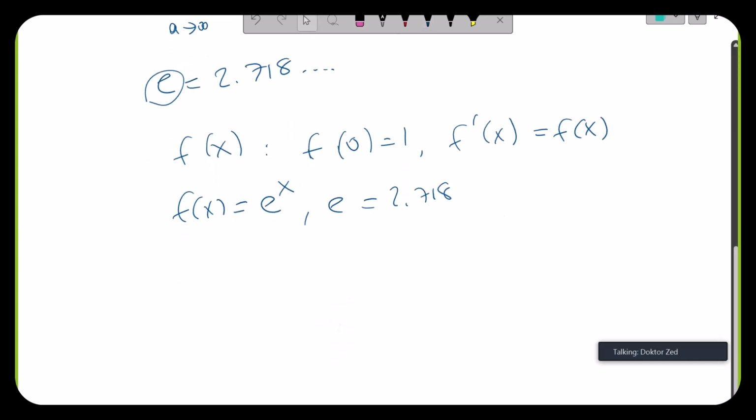The way you kind of do it, have you guys ever heard of something called Maclaurin series for a function?